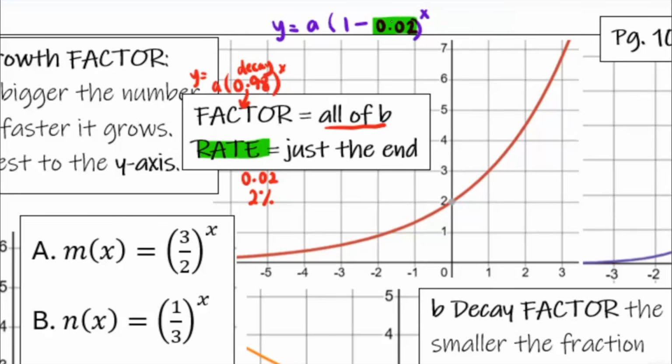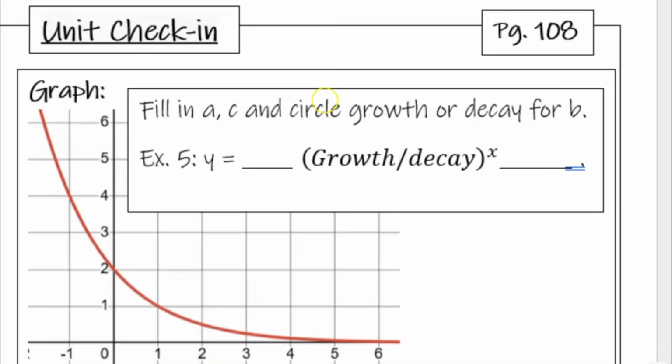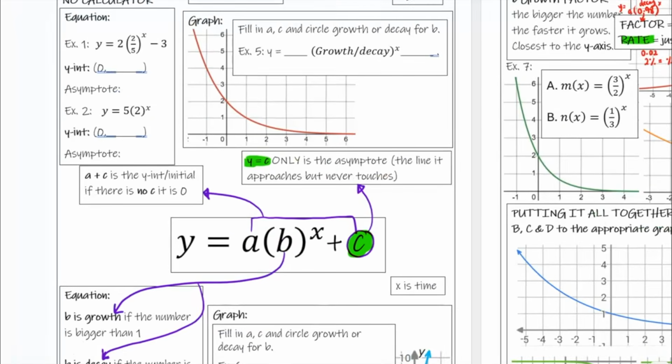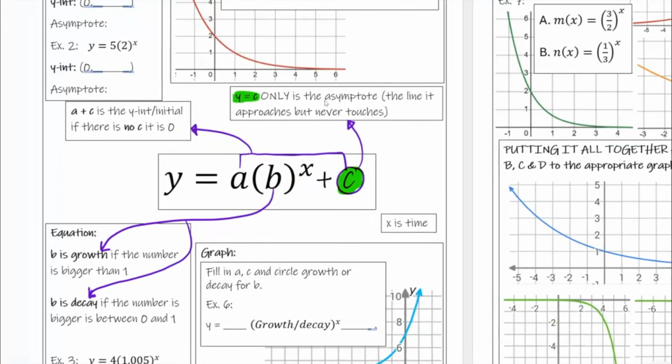So if I just multiply it by 100, percent rate is you multiply it by 100 and you're going to get that 2%. Okay, so whether you want to talk about my rate or my percent rate, that's the one that's just at the end. All right, so now that we know that, let's come back to our definitions. The other thing here is x, and x is going to be equal to our time.